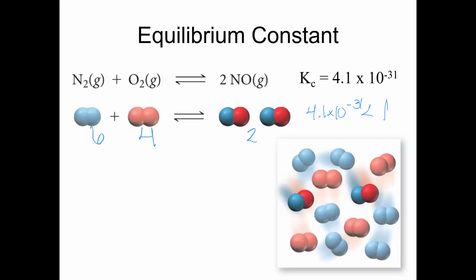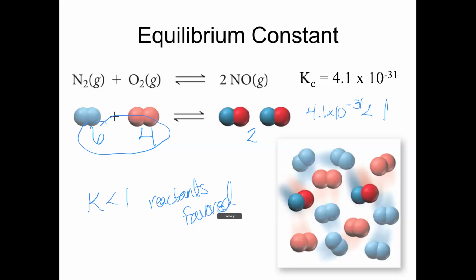So if you notice, there are more reactants represented here, meaning that our reactants are favored. So if our K is less than 1, it's going to be that our reactants are favored. So at equilibrium, we have more reactants than products.